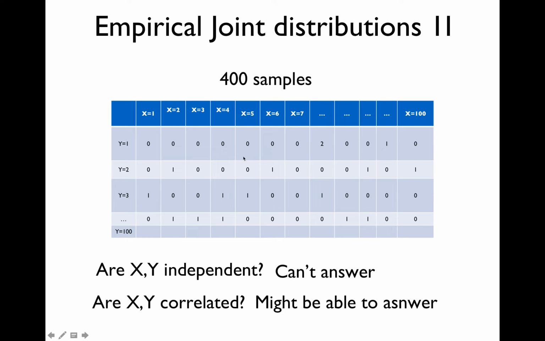In this kind of situation, which is not atypical, can we say that x and y are independent? No, we probably cannot say anything about that because we don't have enough counts in each location to be sure whether the product of the margins is equal or close to equal to the value itself.